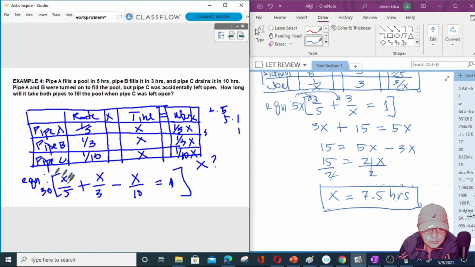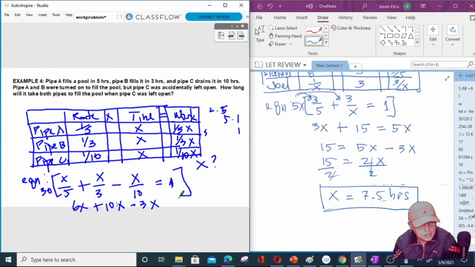Multiply it individually. 30 divided by 5 is 6x plus 30 divided by 3 is 10x minus 30 divided by 10 is 3x is equal to 30.